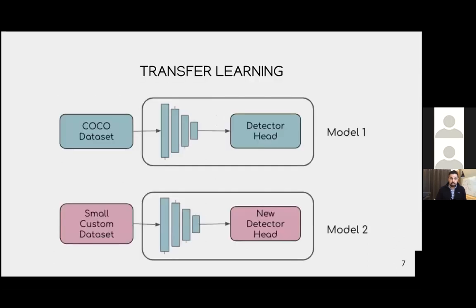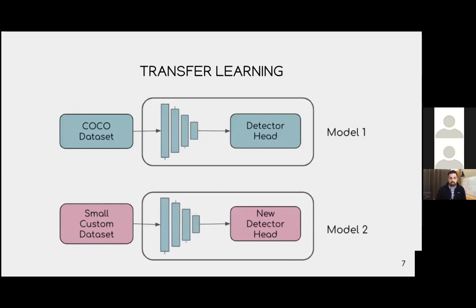So to do this, I used transfer learning, specifically fine tuning. Transfer learning is a machine learning technique where a model developed for one task is used as a starting point for developing a model on a second task.